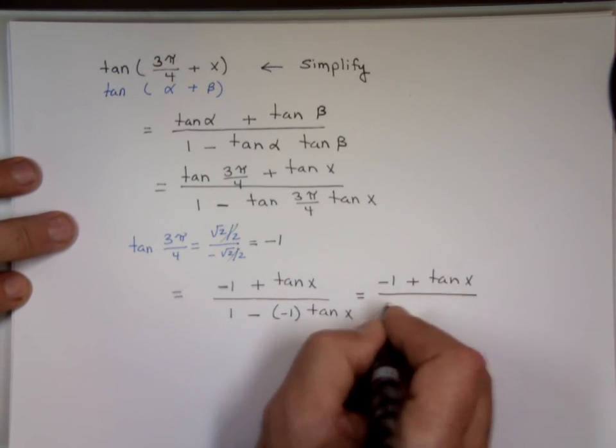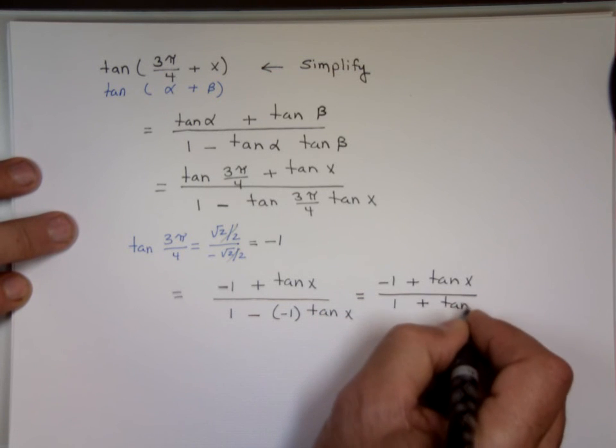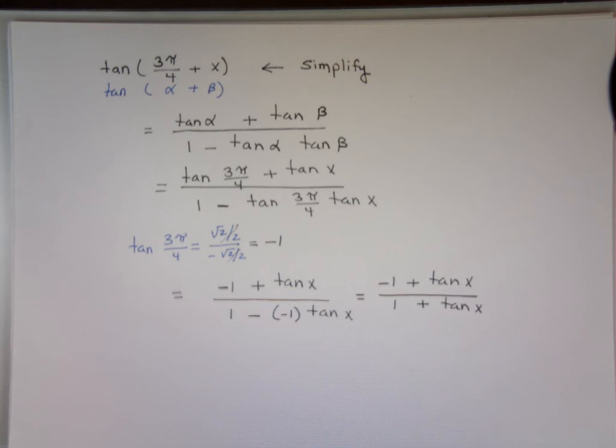Is that a plus now? That's what your answer will be. Can't simplify anymore. Can't cancel the tangent x with the tangent x. So now you're probably saying... Any questions on this?